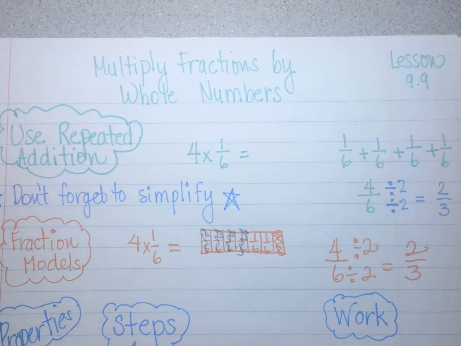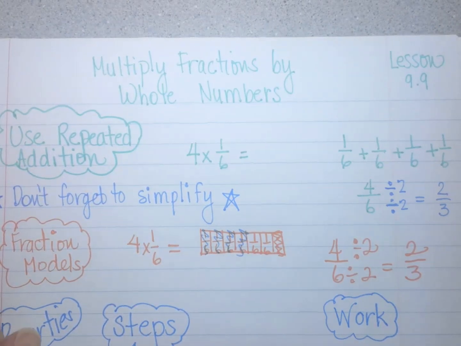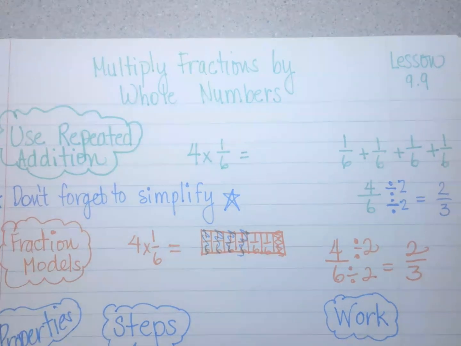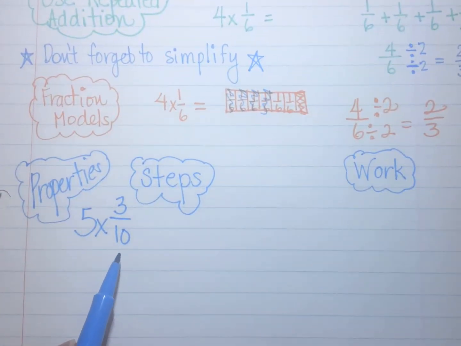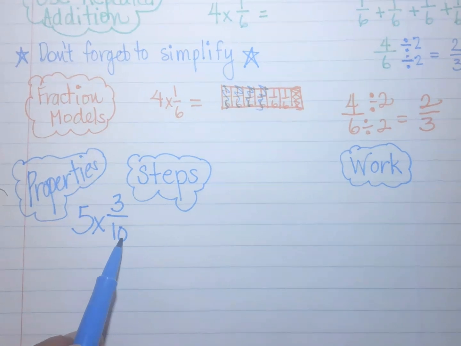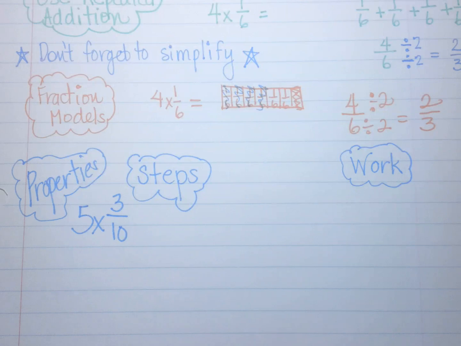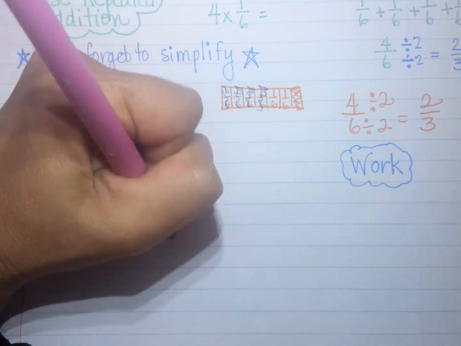Okay, now we're going to have a problem to solve, and it's going to be 5 times 3/10. We don't have a unit fraction, so let's see what the steps are. Step 1.